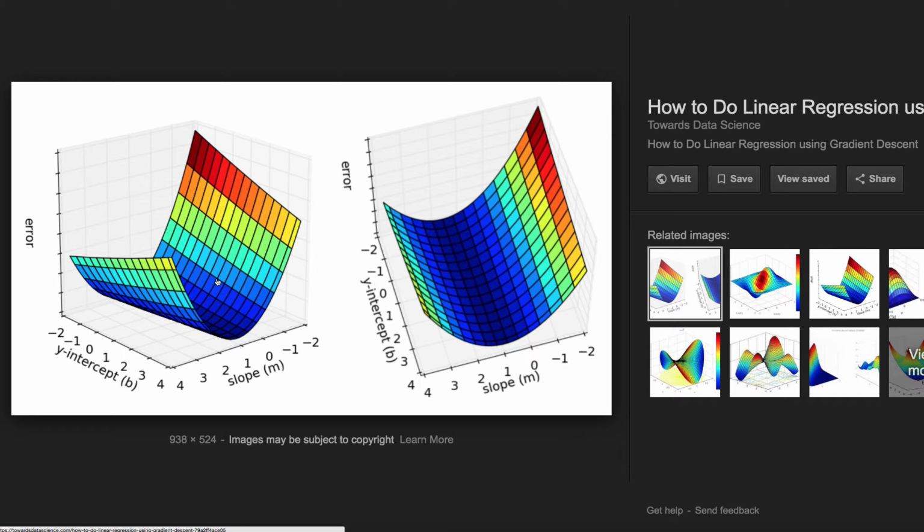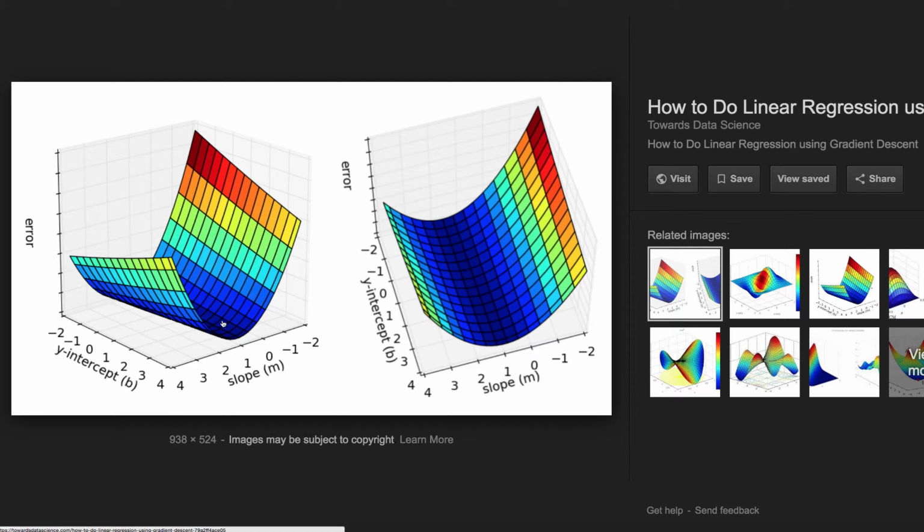It's taking the function that describes the surface or describes the error, which is essentially describing this surface, and we're minimizing that. We're finding the value for y and the value for m for which the error is the lowest on this graph, right? Whether that's 1, whether that's 1.3, right?